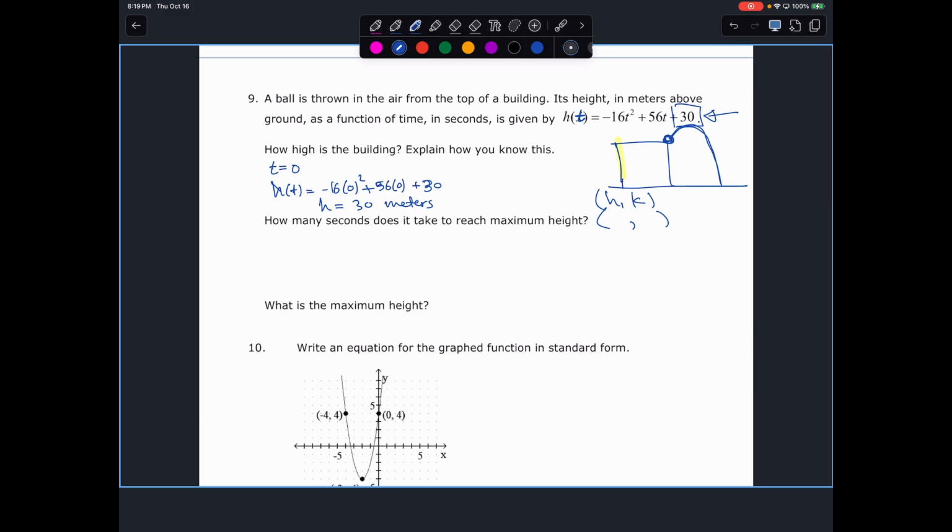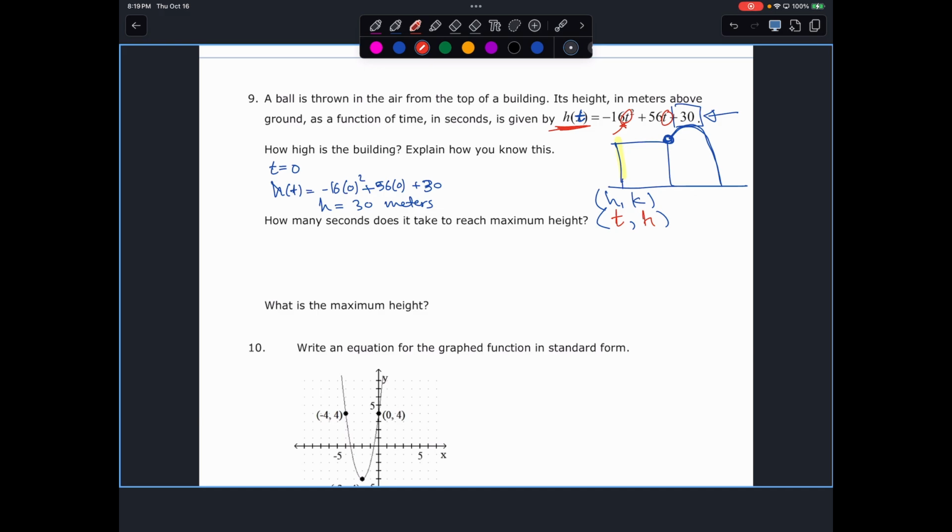Does it represent the time or the height? h is the independent variable, the time. h is always the variable that is used in the function. In this case, the variable that is used is the time. What is the k? The k is the output, so the k is the height.